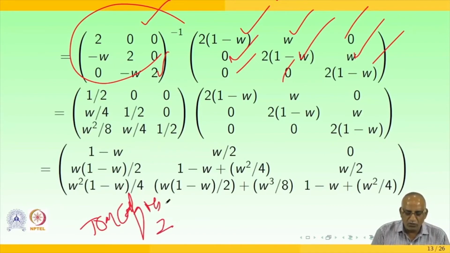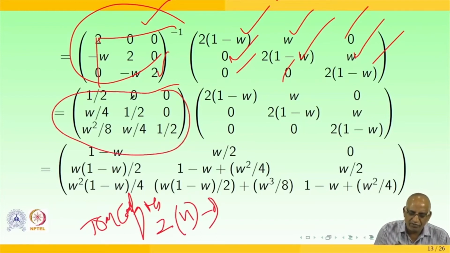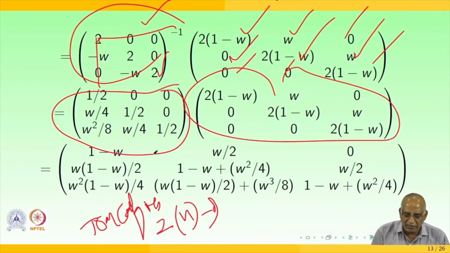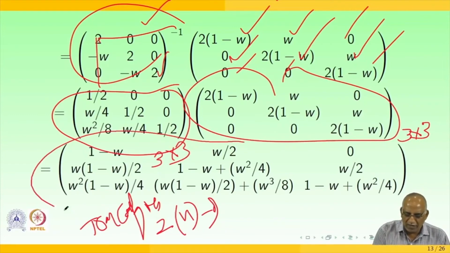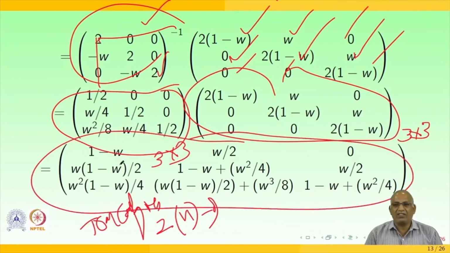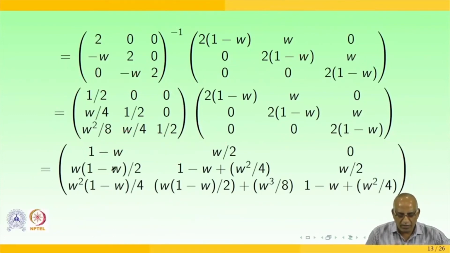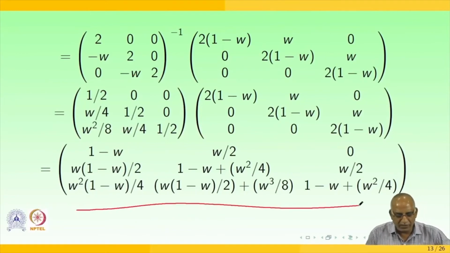That is 2 into 2, so 4 minus 0. Like that, if you do all those things, you will end up with an inverse given over here. Multiplied with the same matrix, and since it is a 3 by 3, this is also 3 by 3, you will have a matrix of the form like this.